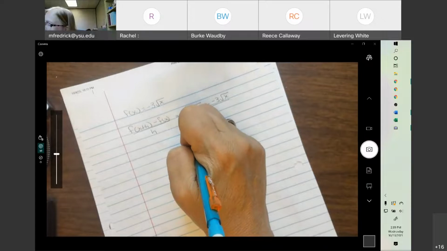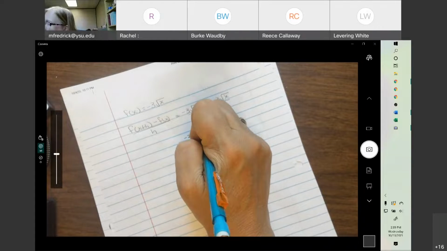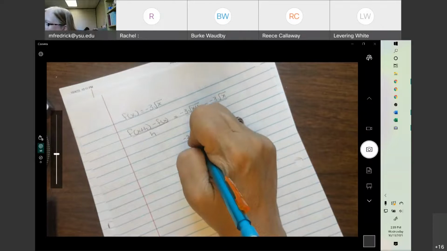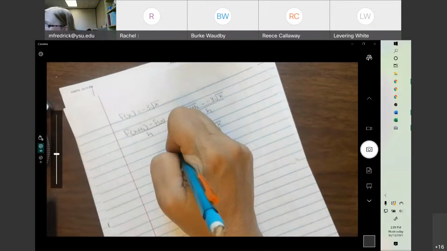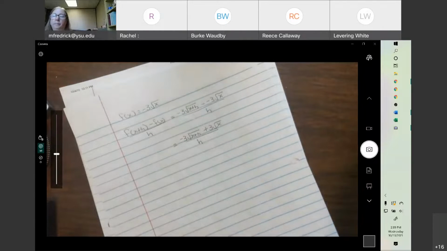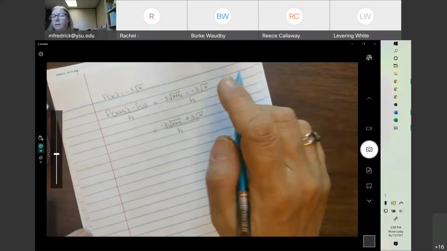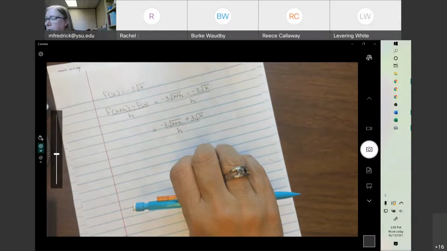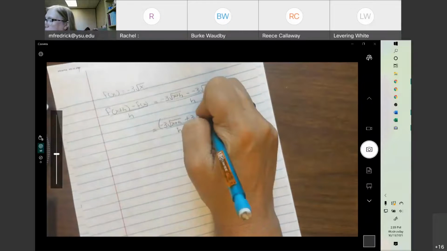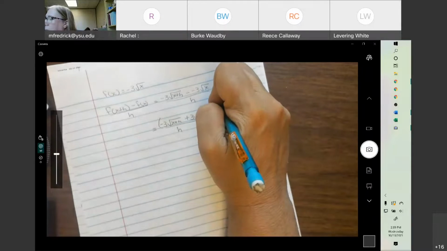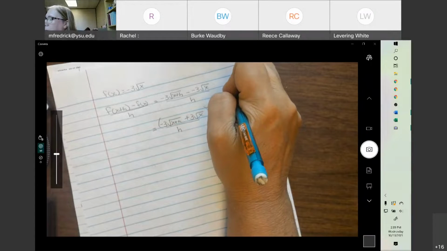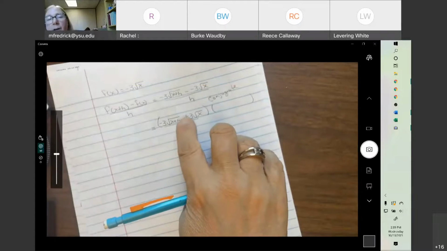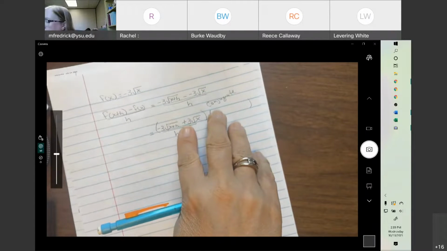We have negative 3 square root of x plus h plus 3 square root of x all over h. When you have radicals and you need to simplify them in a fraction, you multiply by the conjugate. The conjugate is the exact same thing, but the opposite middle sign.